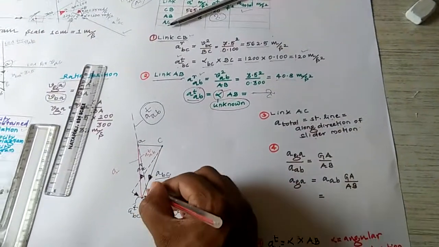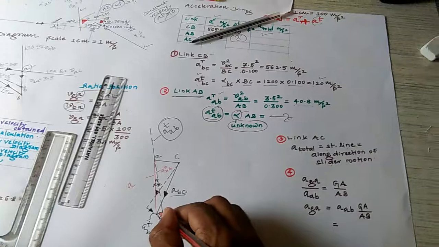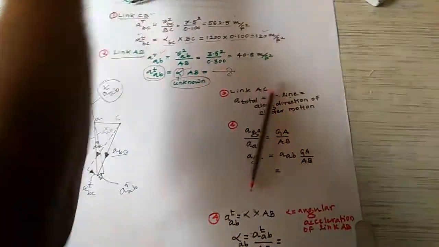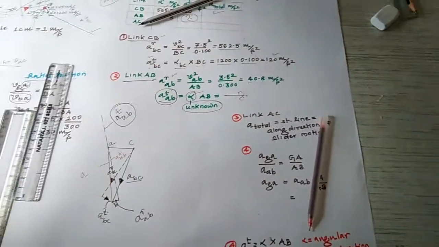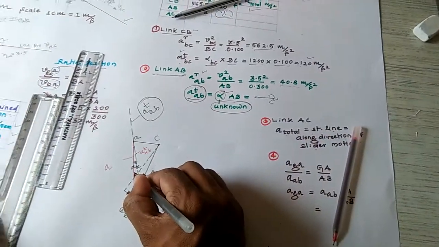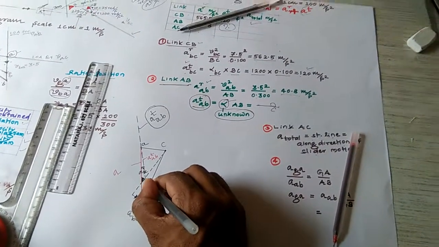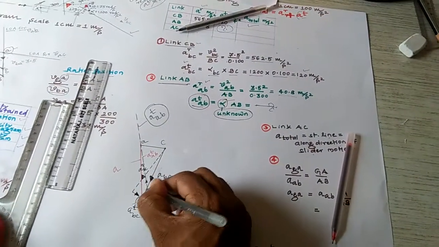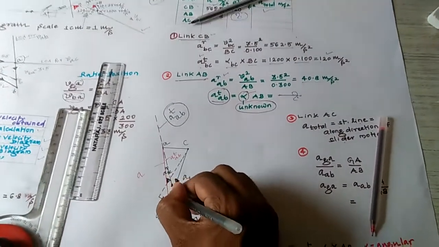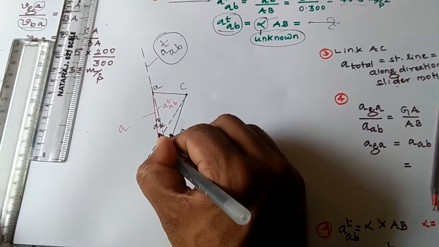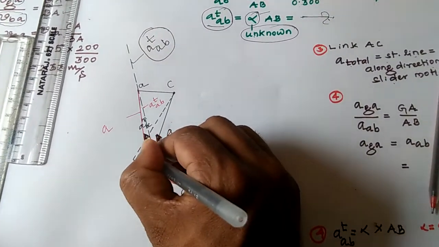Look at this one. I will make a little change to avoid the confusion. This is the vertical direction. Tangential is this also. Now this should be opposite to this one. Can you find it? This is opposite.